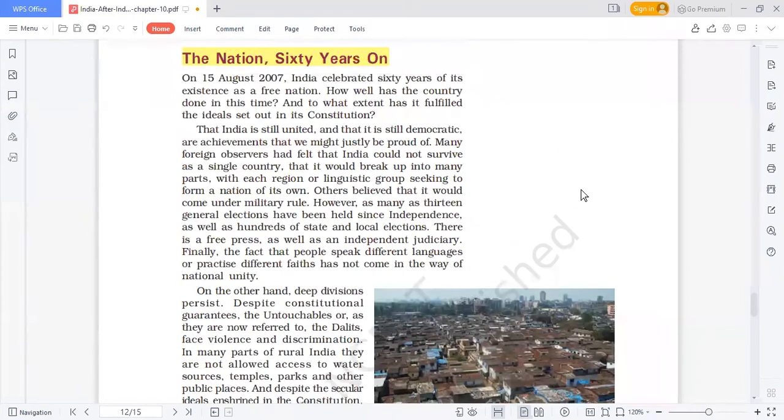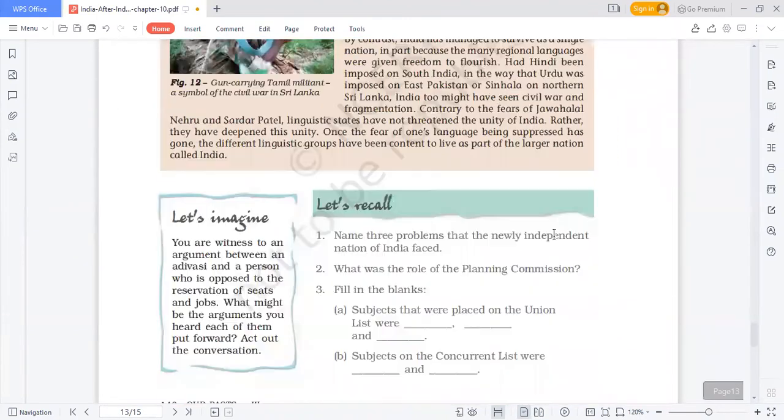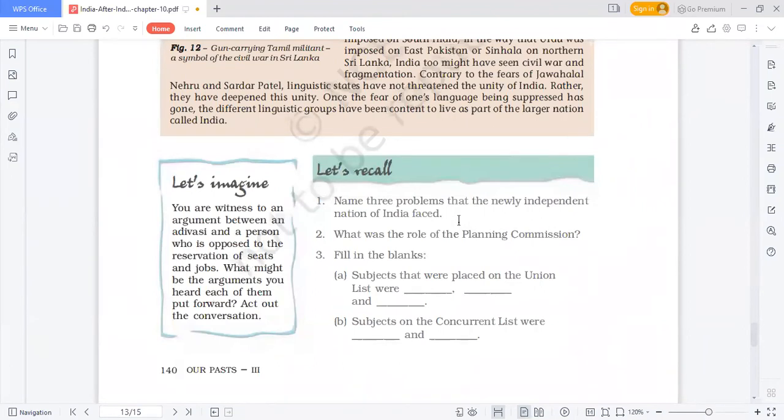First, to feed the population, the problem of food. Second, reorganization of Indian states, and third, rehabilitation of refugees. Get it? 3 points, only headings, no need to explain.